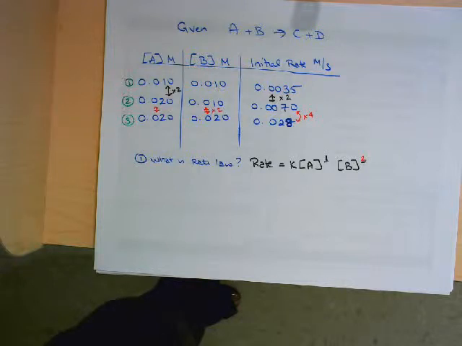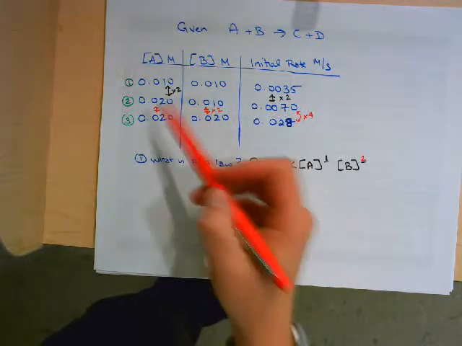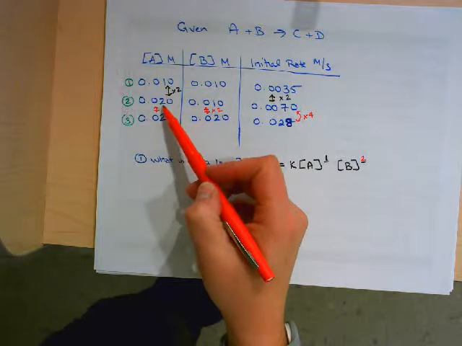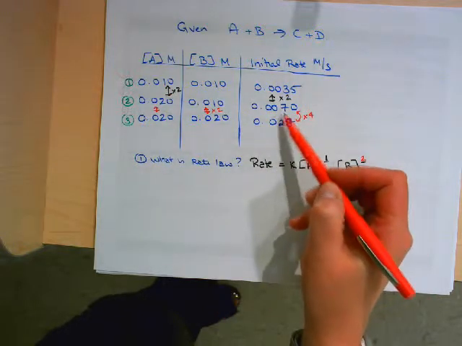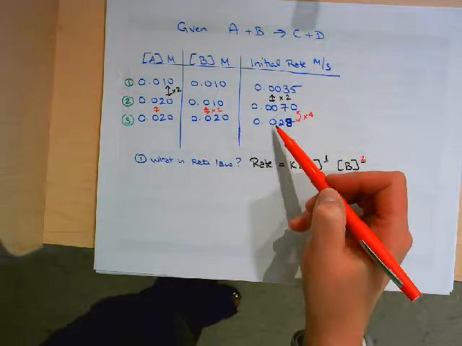How do you know which two of the three entries to look at? For A, nothing happened to the concentration. For A, there is no change in the concentration, but the rate did change. You can't look at that.